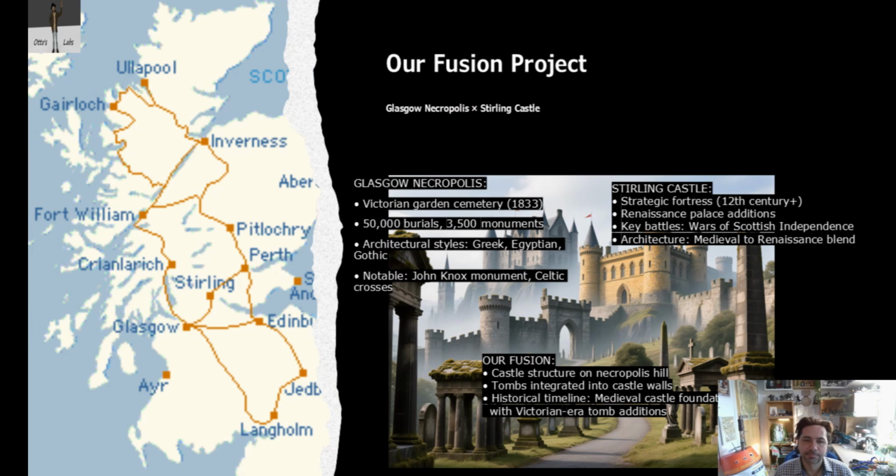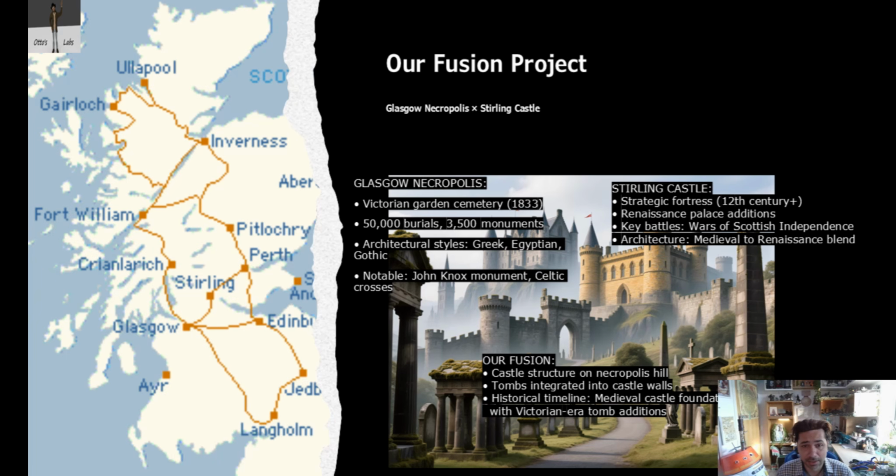So, as mentioned briefly above, our fusion project combines 2 iconic Scottish sites, Glasgow Necropolis and Stirling Castle. Glasgow Necropolis is a Victorian garden cemetery from 1833 with over 50,000 burials and 3,500 monuments in Greek, Egyptian, and Gothic styles.